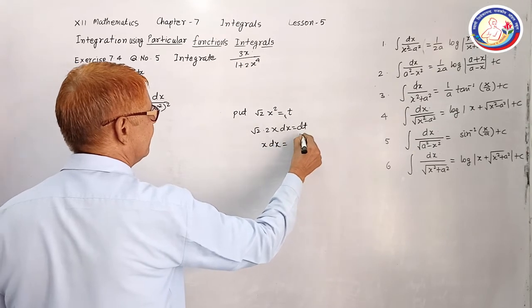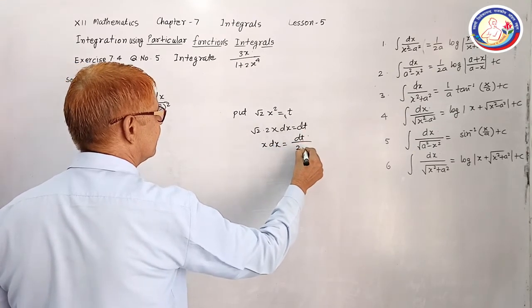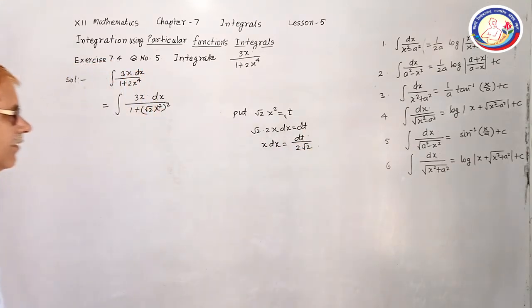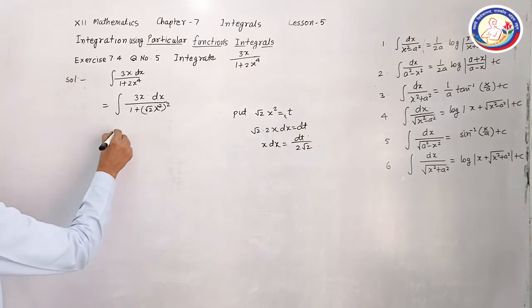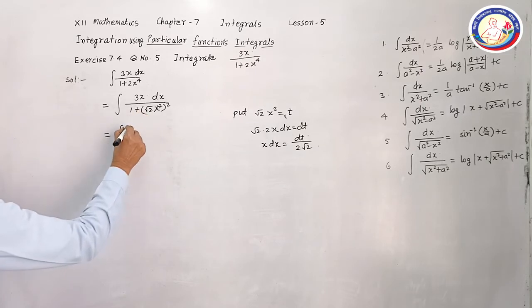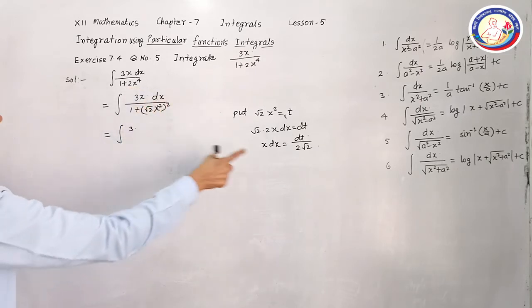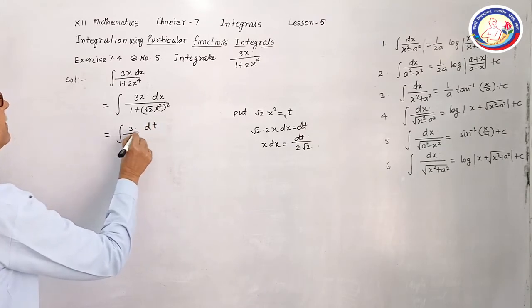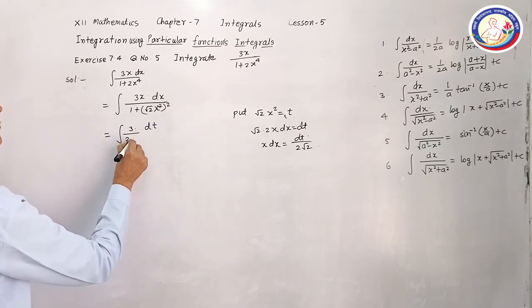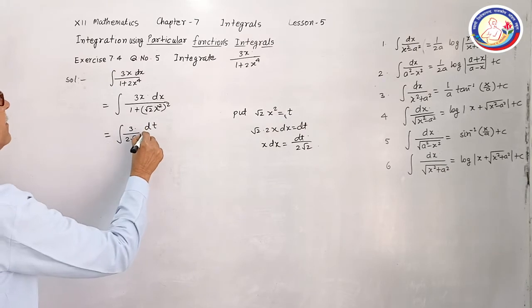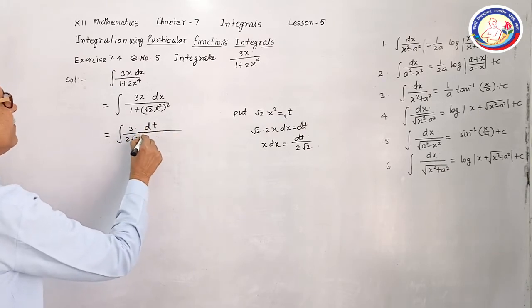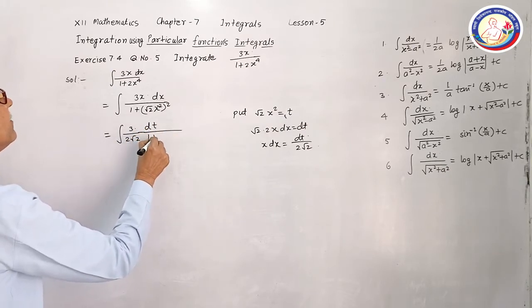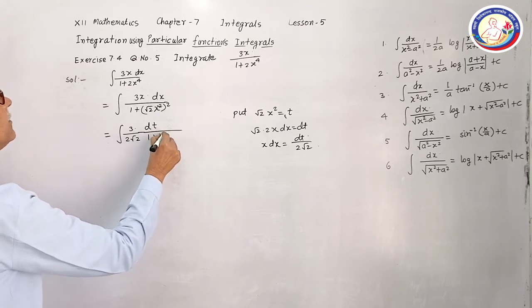It is dt upon 2 root 2. Put this value here. What will happen? 3 into x dx, which is dt divided by 2 root 2, and then 1 plus t square.